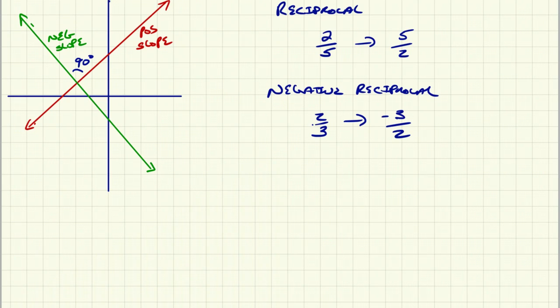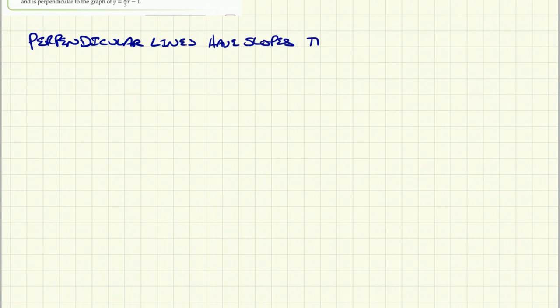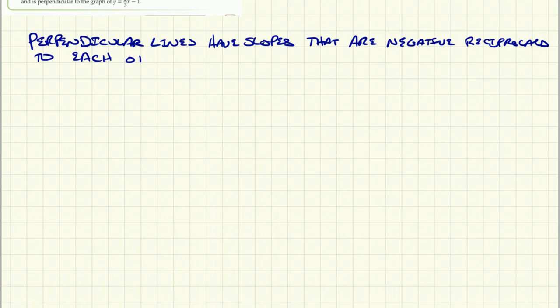The slope of one perpendicular line is the negative reciprocal of another line. So perpendicular lines have slopes that are negative reciprocals of each other.